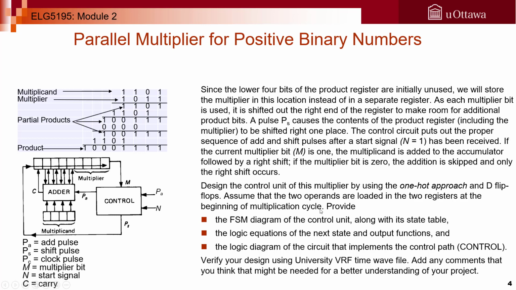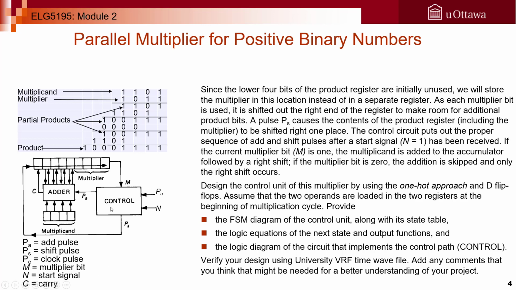You need to provide the finite state diagram of the control unit along with its state table, and the logic equations of the next state and the output function. And finally, the logic diagram of the circuit that implements the control path.